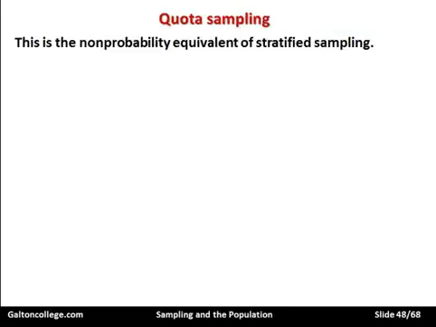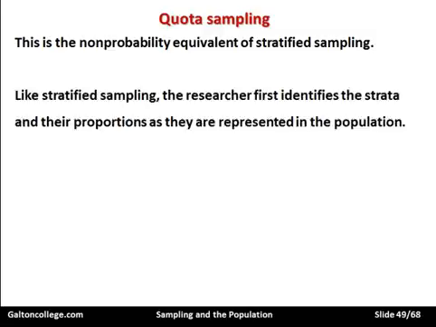Quota sampling. This is a non-probability equivalent of stratified sampling. Like stratified sampling, the researcher first identifies the strata and their proportions as they are represented in the population. So they must look at the different strata.